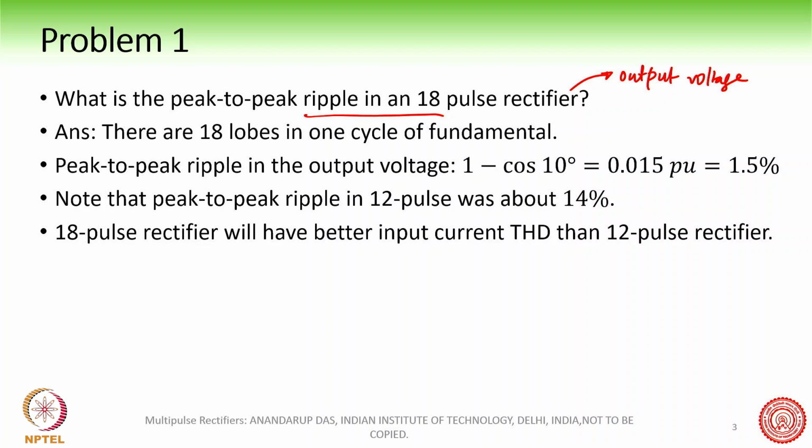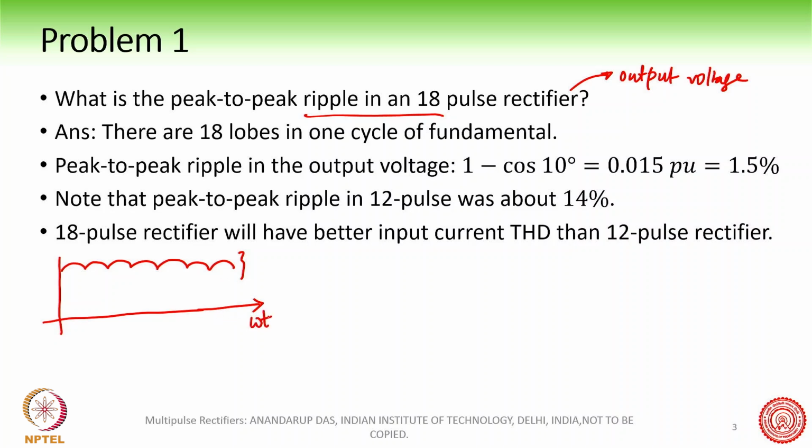What we have understood from the 12 pulse rectifier output voltage is that there are 12 lobes in one fundamental cycle.